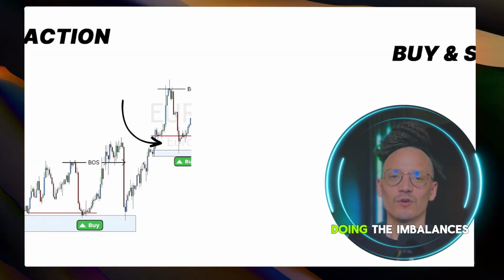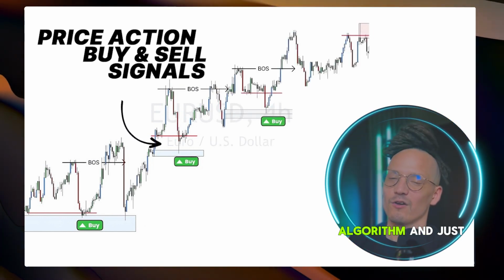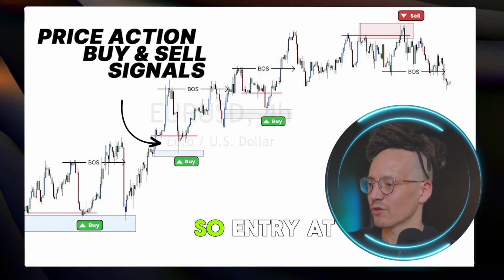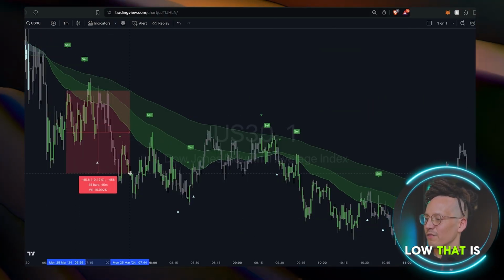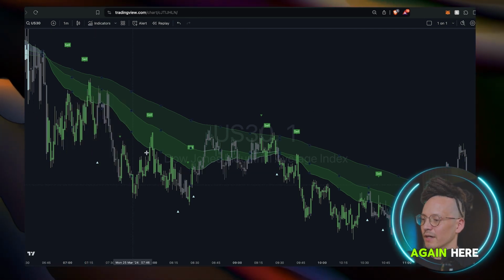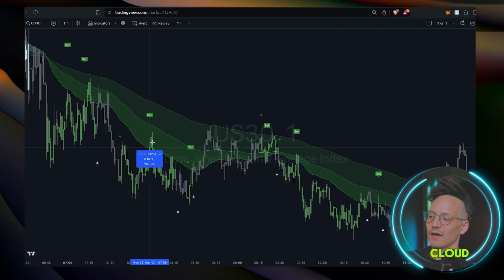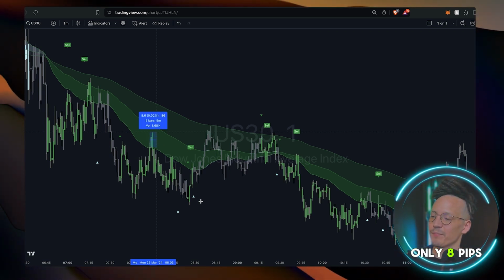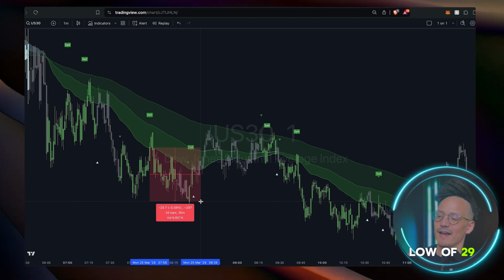This is actually doing the imbalances, the break of structure, the CHoCH, all within the algorithm and just giving you signals. So entry at the institutional entry line, down at the low, that is 45 pips. Again here, price coming to the institutional entry line right at the cloud, a drawdown of only 8 pips for a take profit at the previous low of 29 pips.